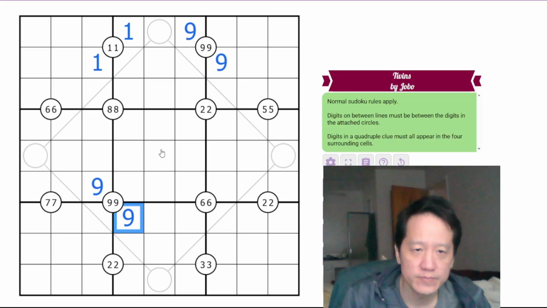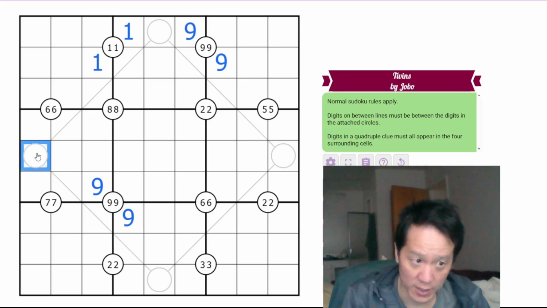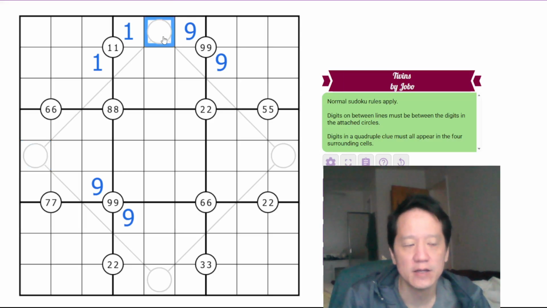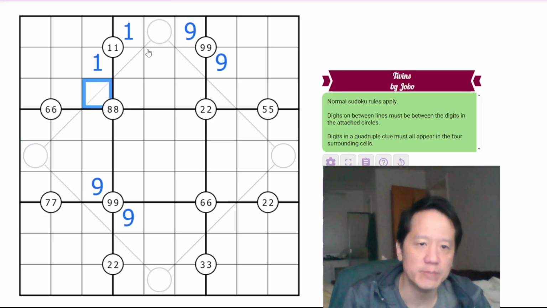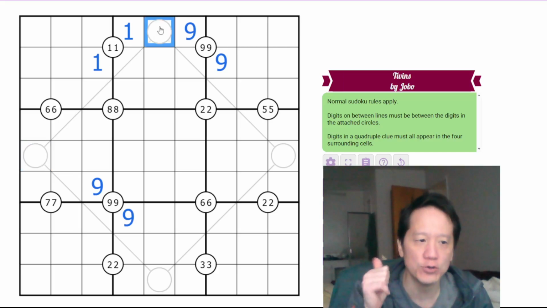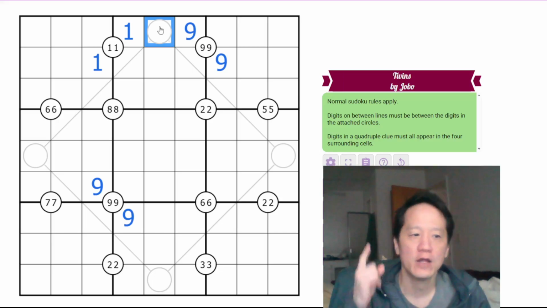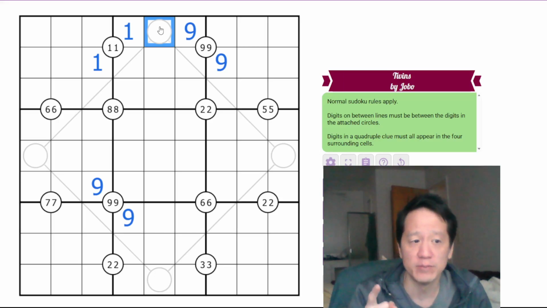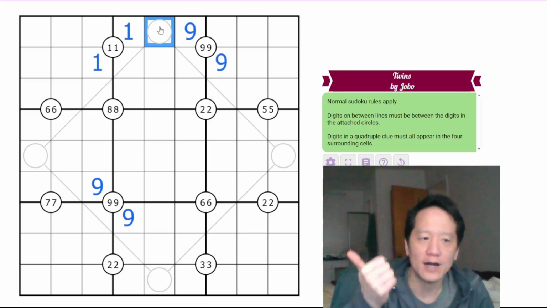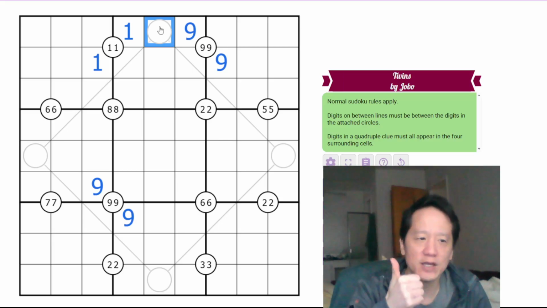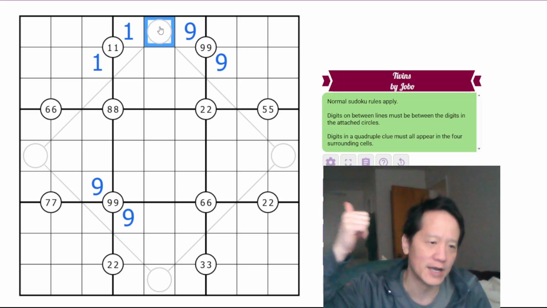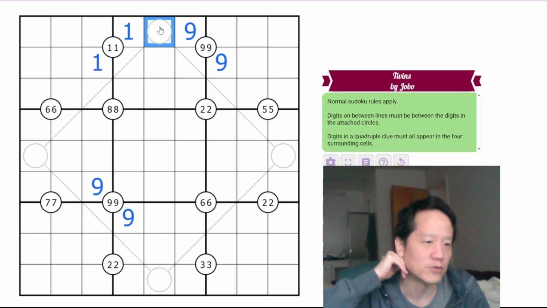Okay. So this cannot be 9, and this cannot be 9. Can 8 ever be between two digits that does not include a 9 in normal Sudoku? No, because of the same problem you have for nines. Nines have to be between something and something greater than 9, which is 10, which is not in normal Sudoku.